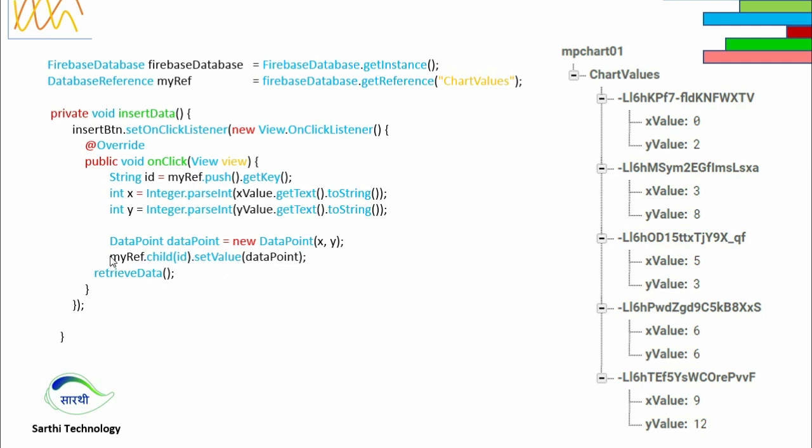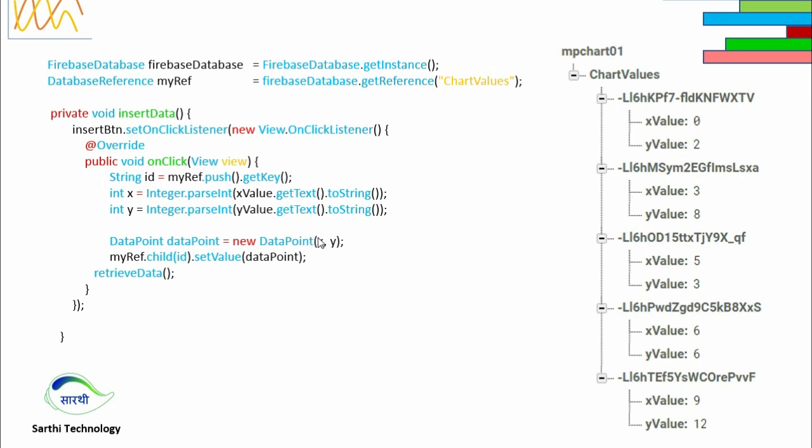Okay, so this method will save data in the Firebase database in the form of this block. So first will be id, then x value, and next is y value.